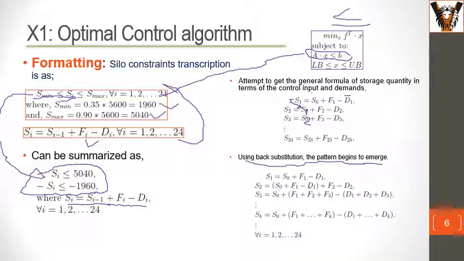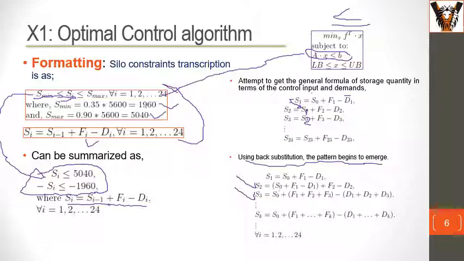Remember this D1 and D2 was going to be given, as well as S0. So we can in fact write the amount of material at any time S1 all the way up to S24 in terms of the inputs, the control inputs, as well as the demand and the initial storage.